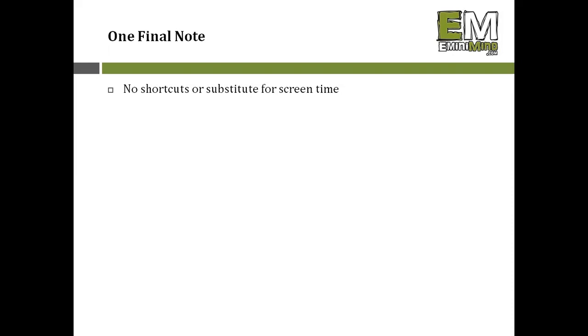Get it down to a 3x5 note card, and then just focus on that and quit jumping around from strategy to strategy to strategy. Just hone in on something and then really focus in. And that can help speed up the learning curve, but then get the time in front of the screen, even if it's only that hour and a half every morning, just that repetition over and over and over again.